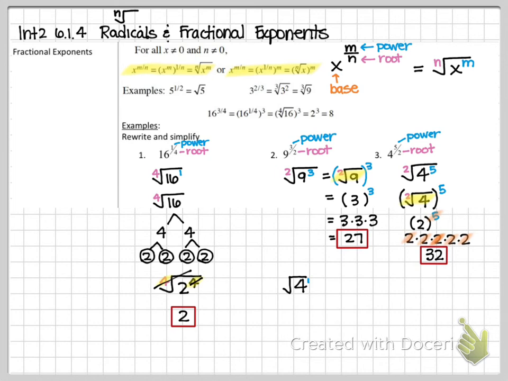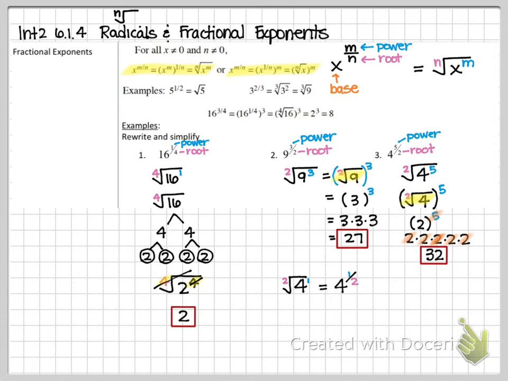If you have this root symbol, it is understood that there's technically a 2 in the crease. Technically. Now I can rewrite this. So I keep the base, and remember it is power over root. So the square root of 4 is the same thing as 4 to the half power.